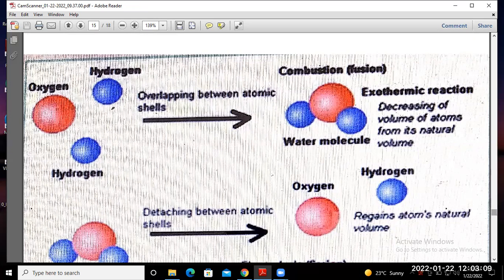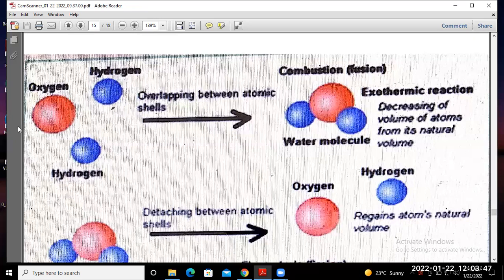So here hydrogen and oxygen attract each other, that is known as the exothermic process. And when atoms are separated from each other, that is the endothermic process. So during the endothermic process, the H2O molecule is separated into oxygen and two atoms of hydrogen, so the atoms regain their natural volume.